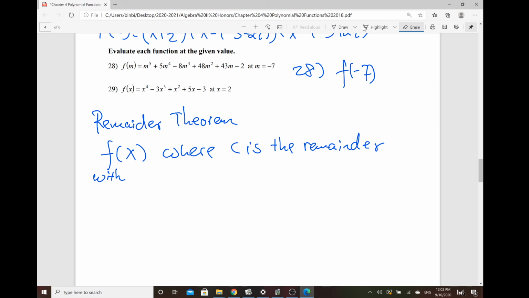Let me just change that and introduce the theorem once again. Let's say that we do have f of c. Well, c is not the remainder, c is just a divisor.